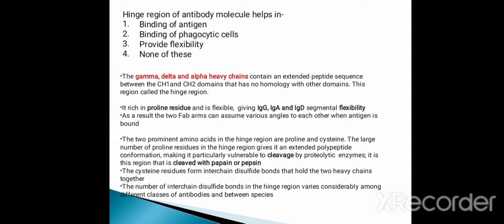As a result, the two Fab arms can assume various angles to each other when the antigen is bound. So the correct answer here is that the hinge region of an antibody molecule provides flexibility.